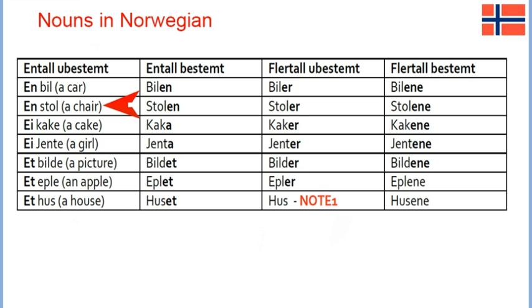In the singular definite form, which in English would be the chair, again you can recognize it's a male noun by seeing the ending en. Stolen equals the chair. Flertal, which means plural, again indefinite forms, chairs in plural as a general entity, not particular chairs, stoler. The chairs, talking about a particular group of chairs, in Norwegian has the ending ene.